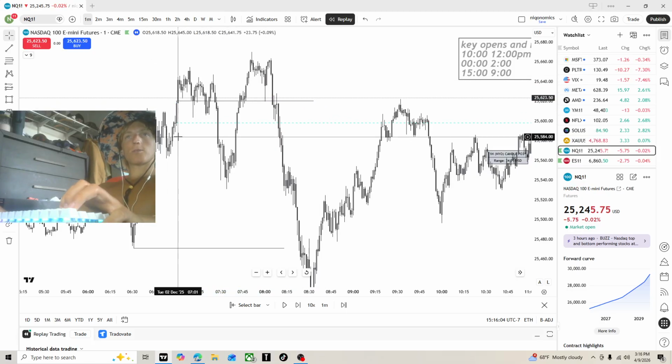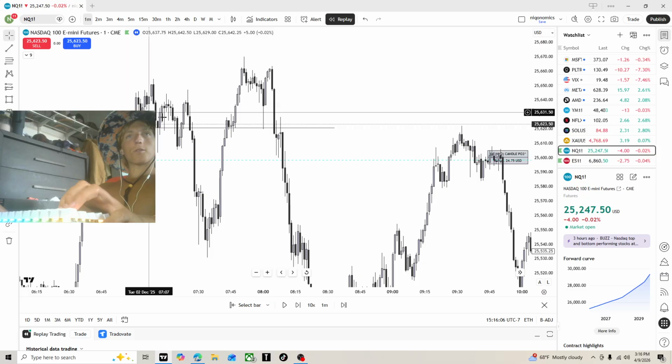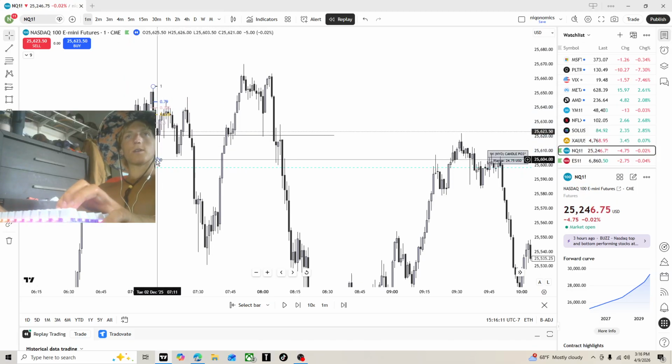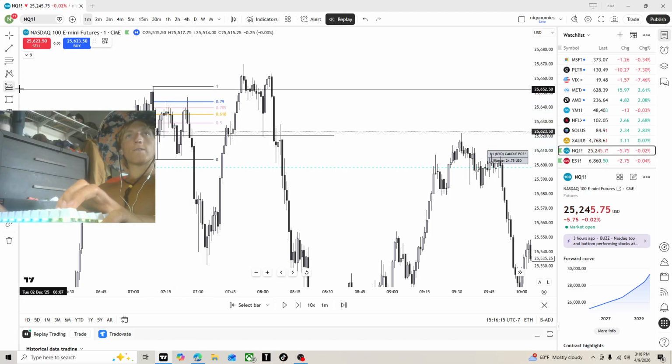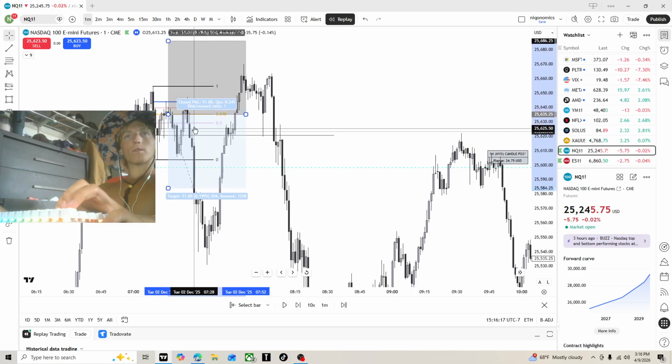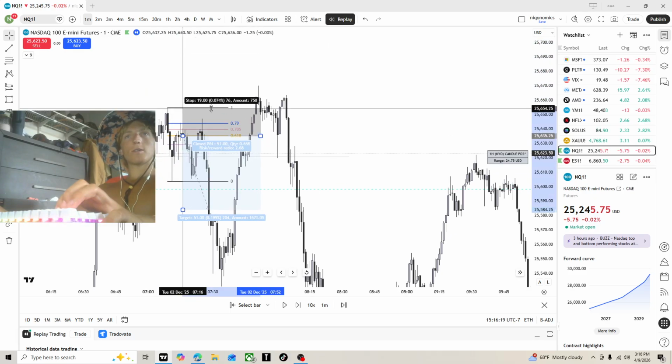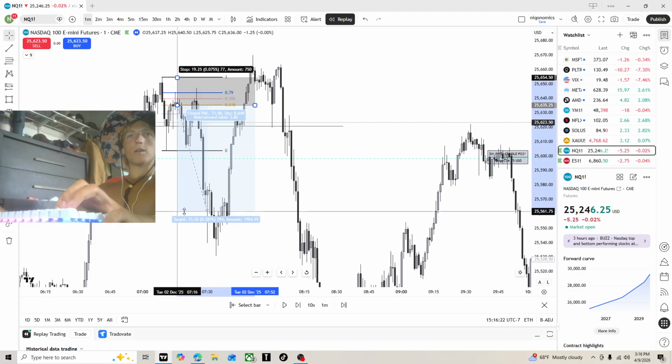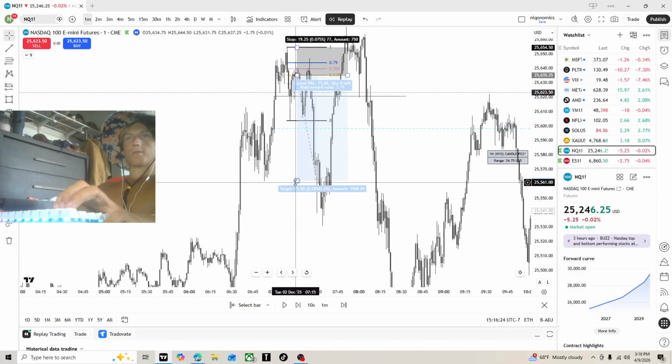So you can see we sweep out this. You could have taken an entry after we swept this. Could have taken your entry there, off of this OTE. Obviously you would have got break even here.